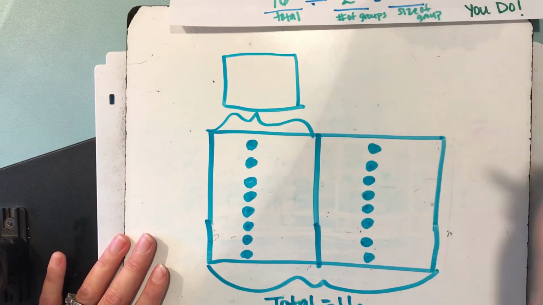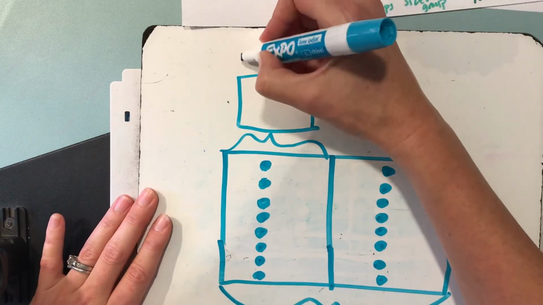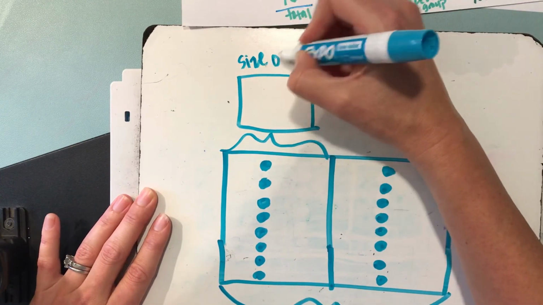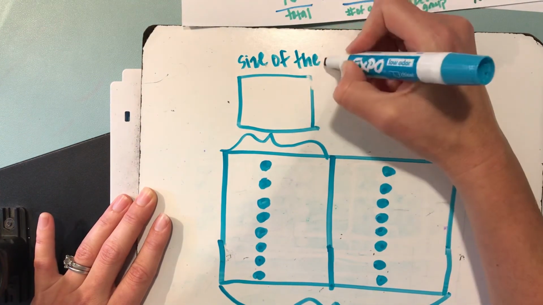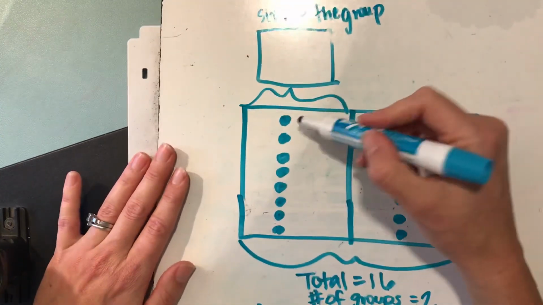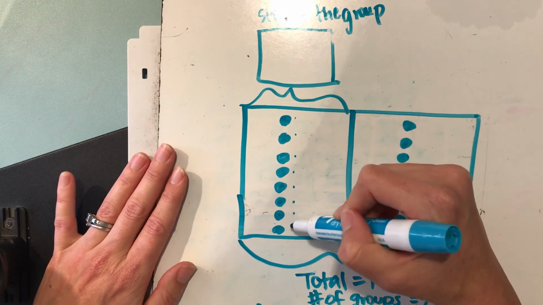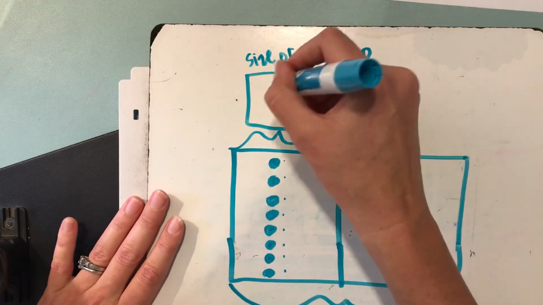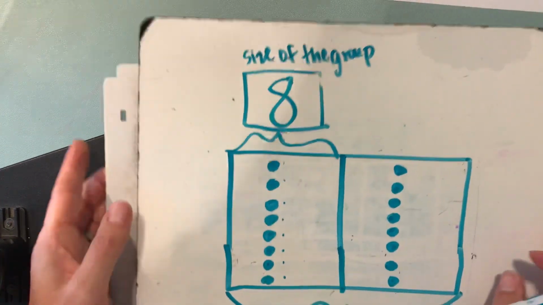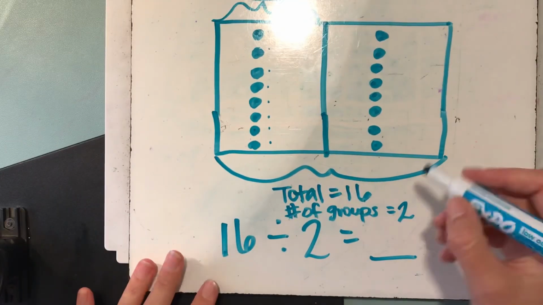This was the size of the group. What was the size of the group here? Well, let's count. 1, 2, 3, 4, 5, 6, 7, 8. All right. So we have 16 divided by 2 equals 8.